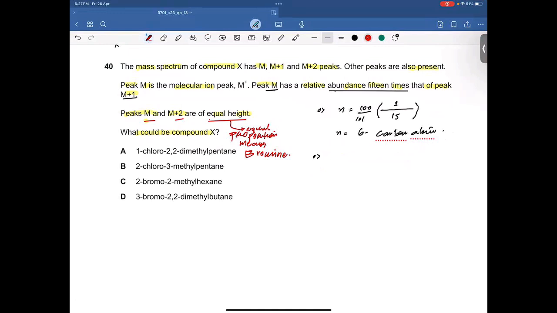So if bromine is present in this compound X, obviously option A and option B is incorrect because both of them contain chlorine, which is not possible. If chlorine is there, the height should be 3:1 instead of 1:1. Okay. And equal proportion means ratio is going to be 1:1.